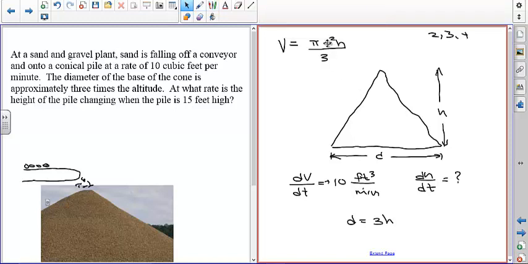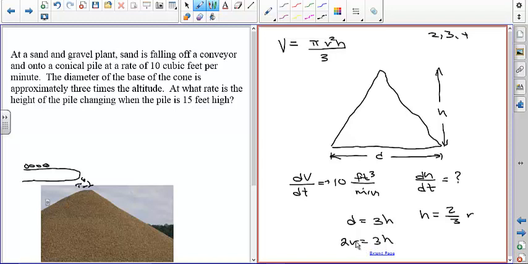The problem is that we've got 2 variables. You could use the product rule here, but there's an easier way. You can use this information, which says the diameter is equal to 3 times the height. The diameter is 2 times the radius. So 2 times the radius is 3 times the height, so the height is equal to 2/3 the radius. This was given in the problem.